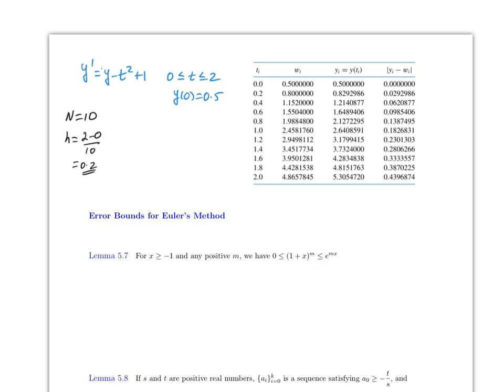Recall from calculus 2 that e to the x is equal to the sum from i equals 0 to infinity of x to the i power divided by i factorial. In fact, this was the Maclaurin series that you learned in calculus 2. Okay, so this is a Taylor series.